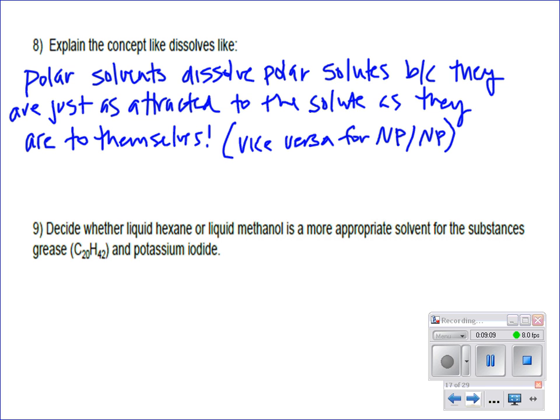Now here's going to be a typical AP question. Decide whether hexane, what does that look like? C6H14, it's a straight chain of carbons. Or liquid methanol. Methanol's 1C, so there's our methanol. Which is more appropriate for grease and potassium iodide? So basically we're coupling up.